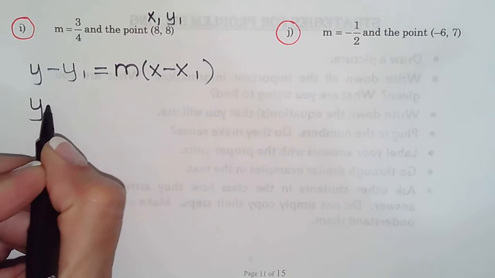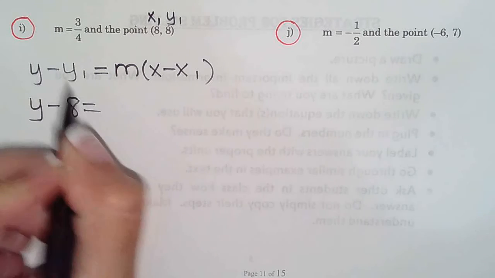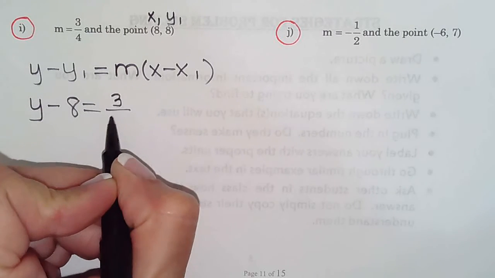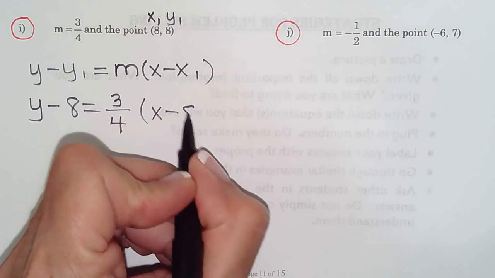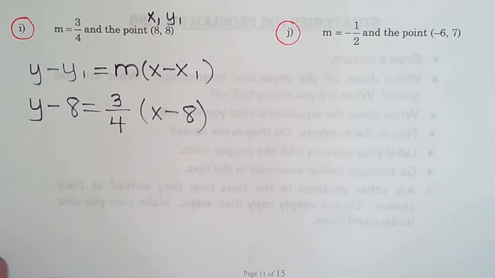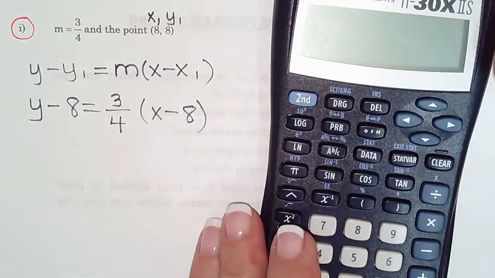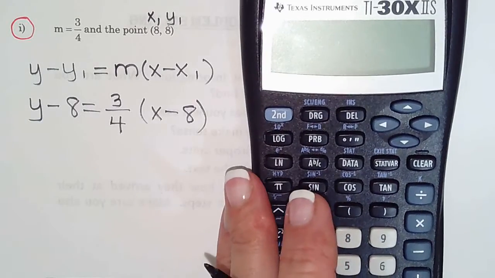So we get y minus 8 equals m, 3/4, times x minus 8. And I do know I put some fractional ones on both the Module 7 test and the final. So you want to make sure you have your calculators handy and practice using those.